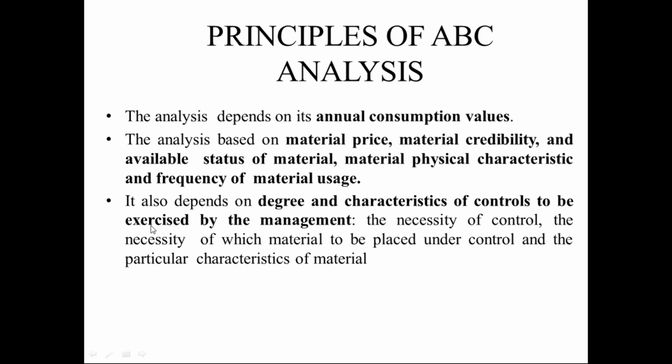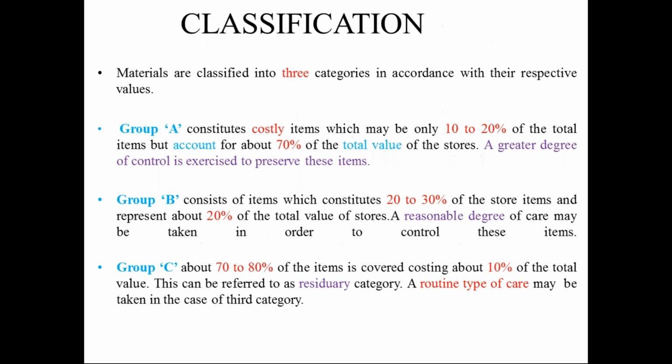Also, the next principle is that it depends upon the degree and characteristics of control to be exercised by the management, the necessity of which material to be placed under control, and particular characteristics of material. So these are the principles of ABC analysis.